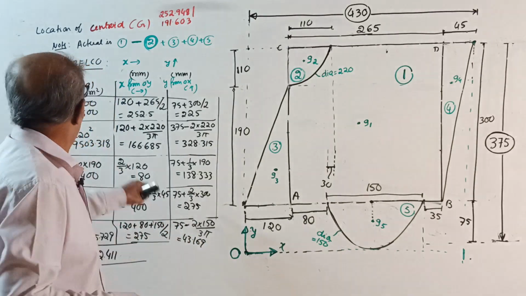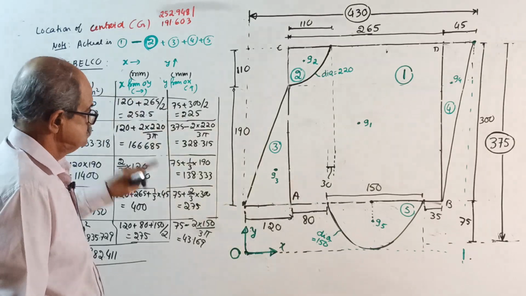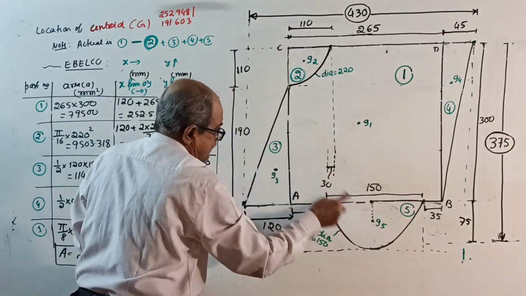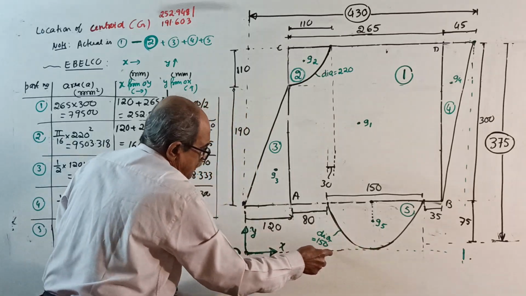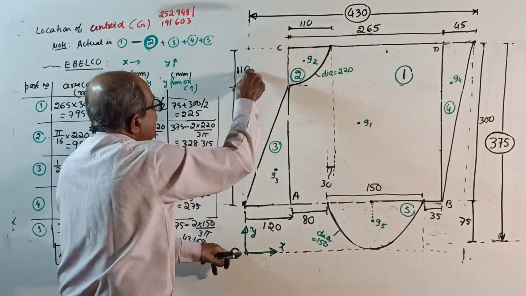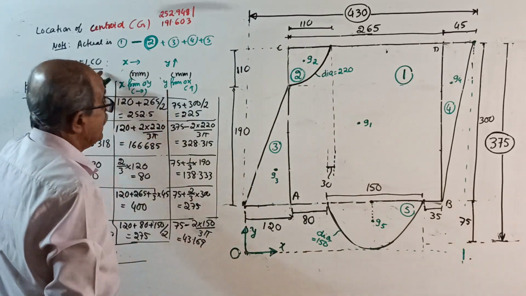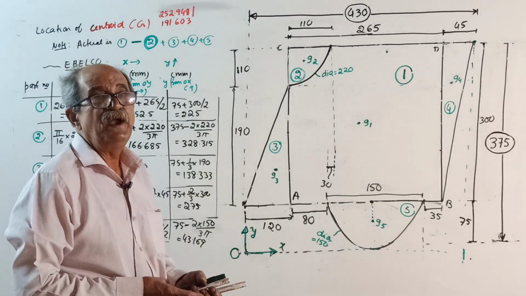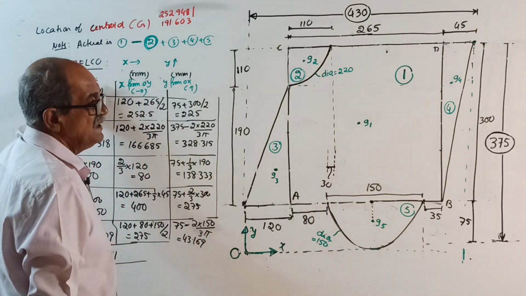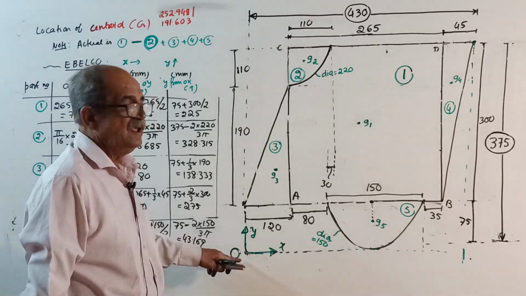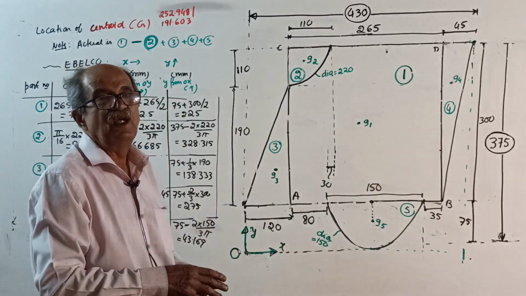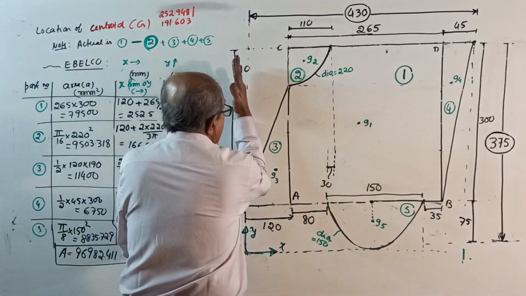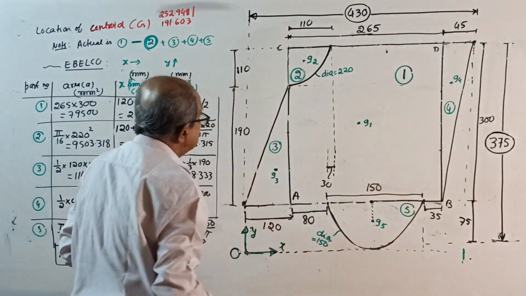First, origin here: extreme bottom and extreme left, that is the origin. Those who already studied centroid from me know it. Don't write the earlier label; let us consider O as origin with XY as shown. Now X this way from this line, Y this way from the bottom edge.